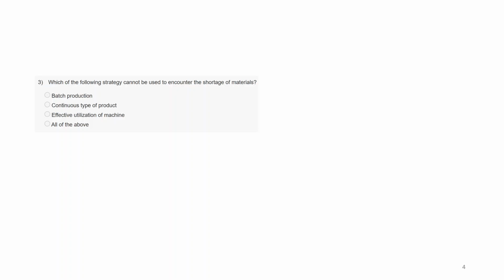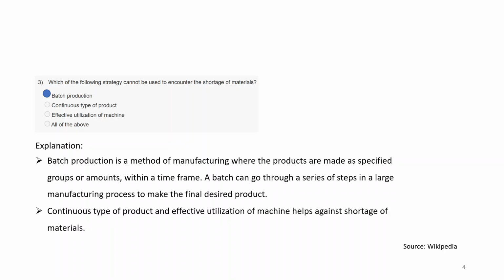Next question is which of the following strategy cannot be used to encounter the shortage of materials? Your options are batch production, continuous type of product, effective utilization of machine, or all of the above. So the correct answer here will be batch production. So batch production is a method of manufacturing where the products are made as specified groups or amounts within a time frame.